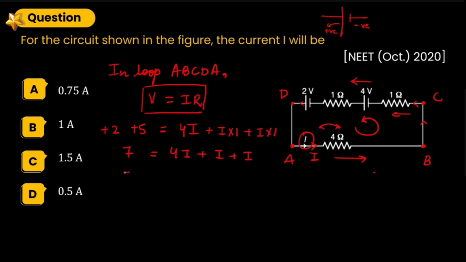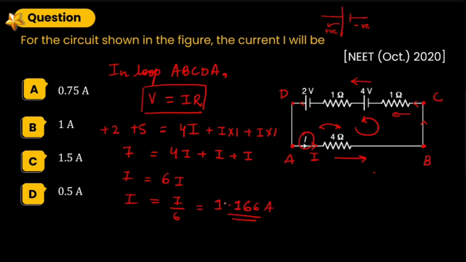So 7 is going to be 6I. So I is going to be 7 by 6. It is approximately 1.16 amperes.